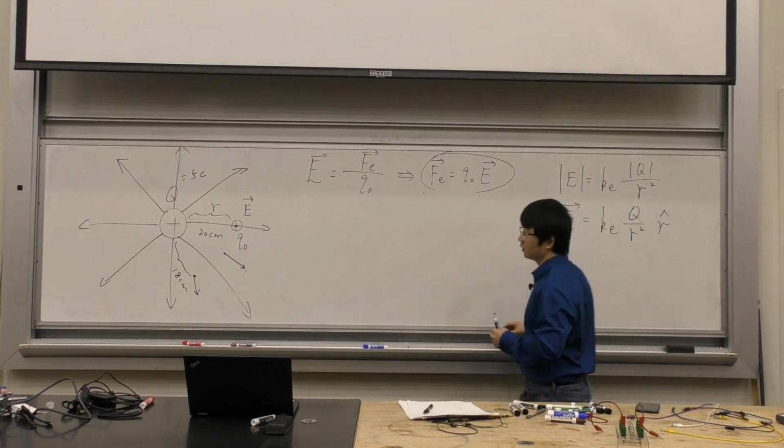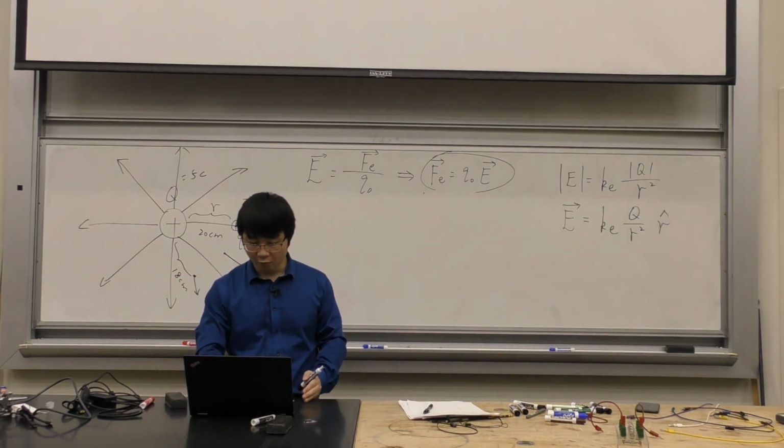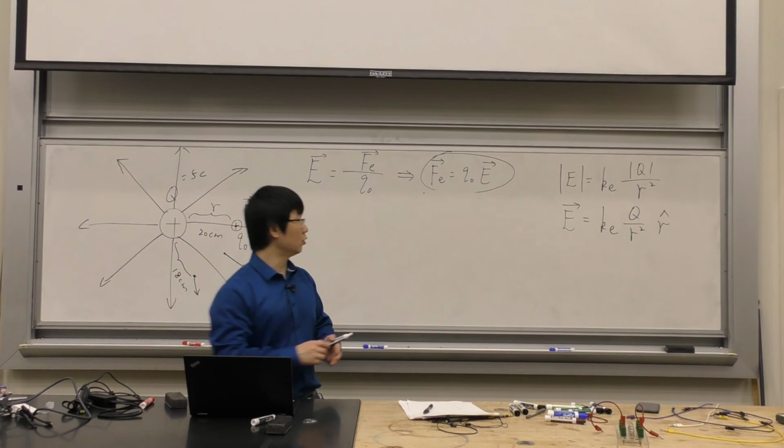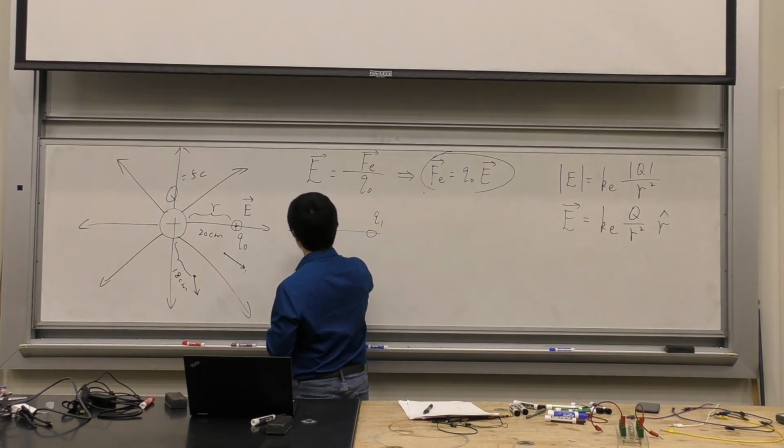Our goal is this: I still want to calculate the force from this 6 nanocoulomb charge and this negative 3 nanocoulomb charge on this 5 nanocoulomb charge at the origin. You can do this using Coulomb's law. You can say that this is Q1, Q2, Q3.